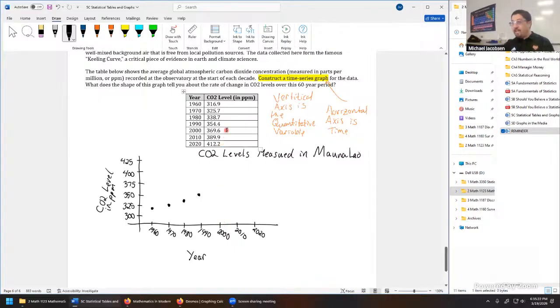So next, year 2000, we're almost at 370, so just shy of 375. So right around here, just a little bit lower. Then year 2010, 389.9, close to 390, right around here.